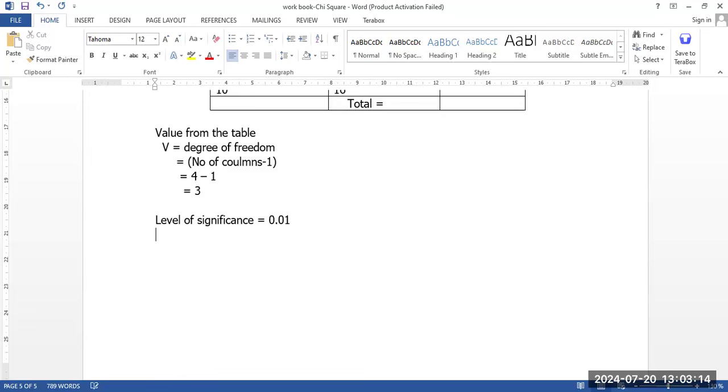So, what is the value from the table? From the chi-square table, V is 3.